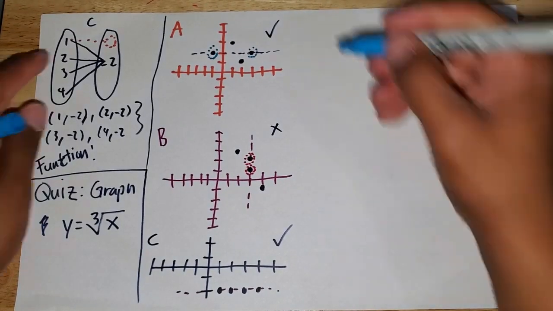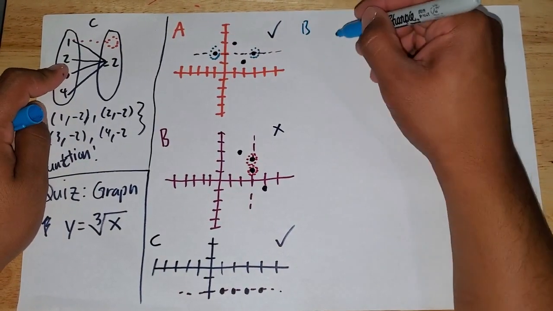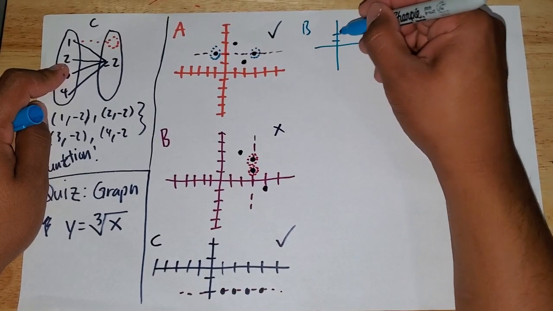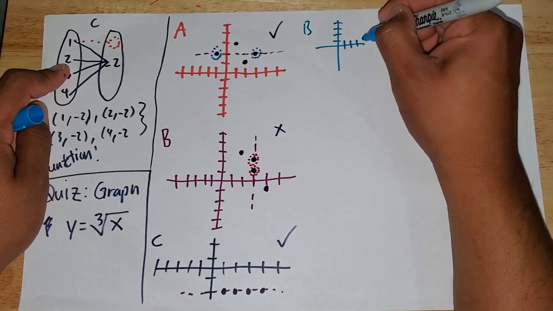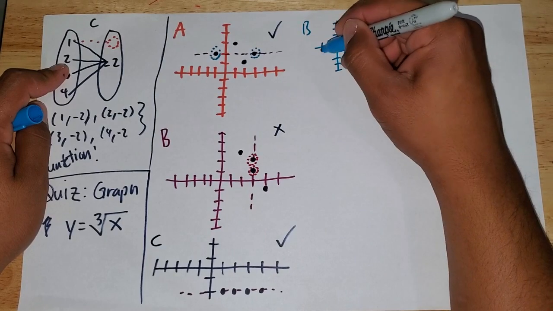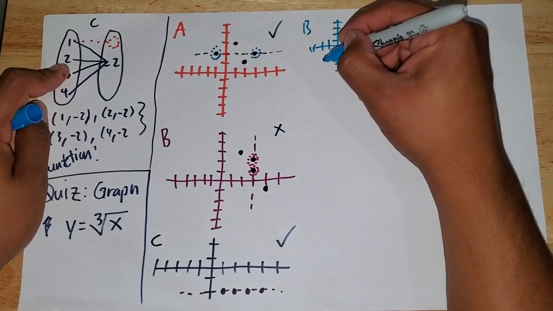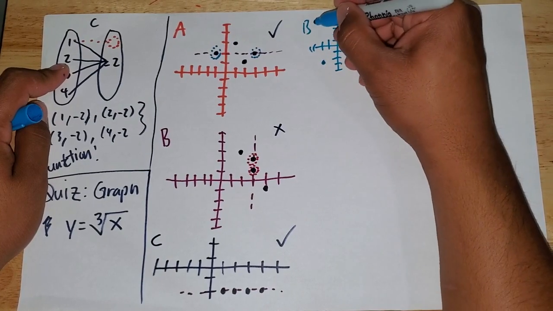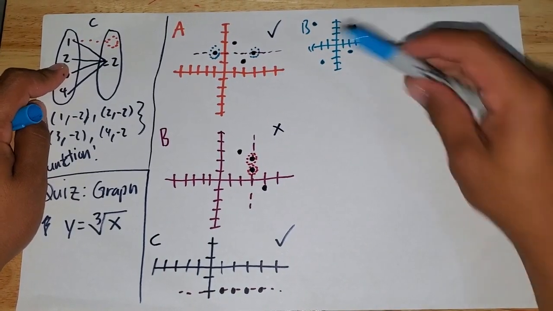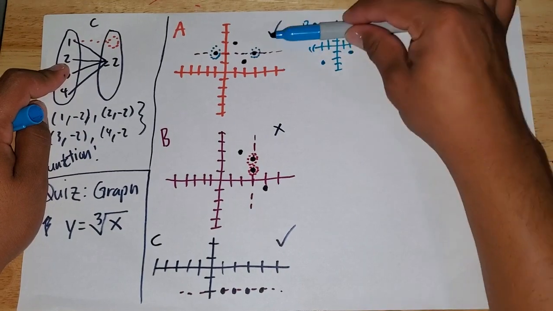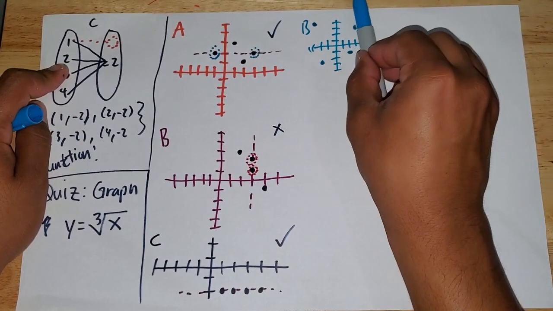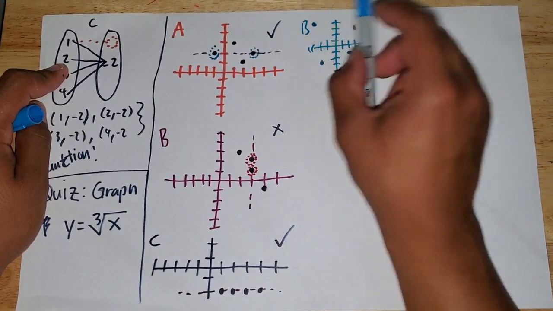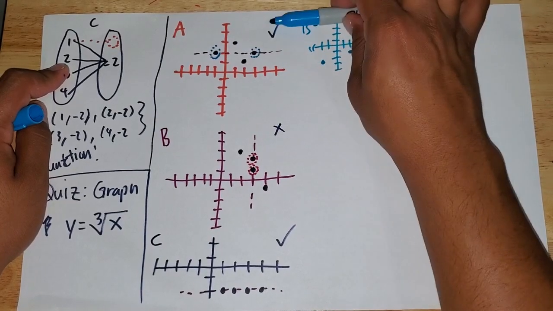Because you might see an example, let me graph a small one here. You might see one like this, here, here, and maybe here. So none of these are on that horizontal line, and none of these are on that vertical line. Again, we don't care about the horizontal part.